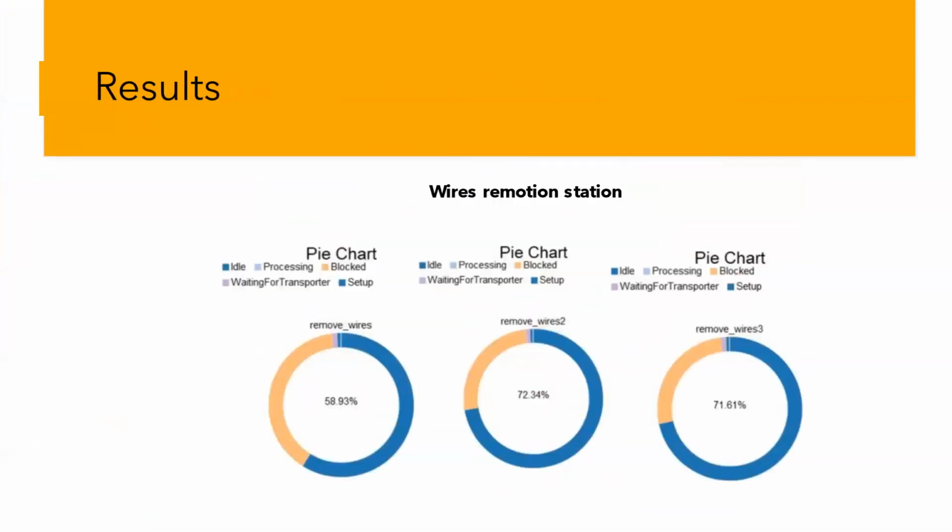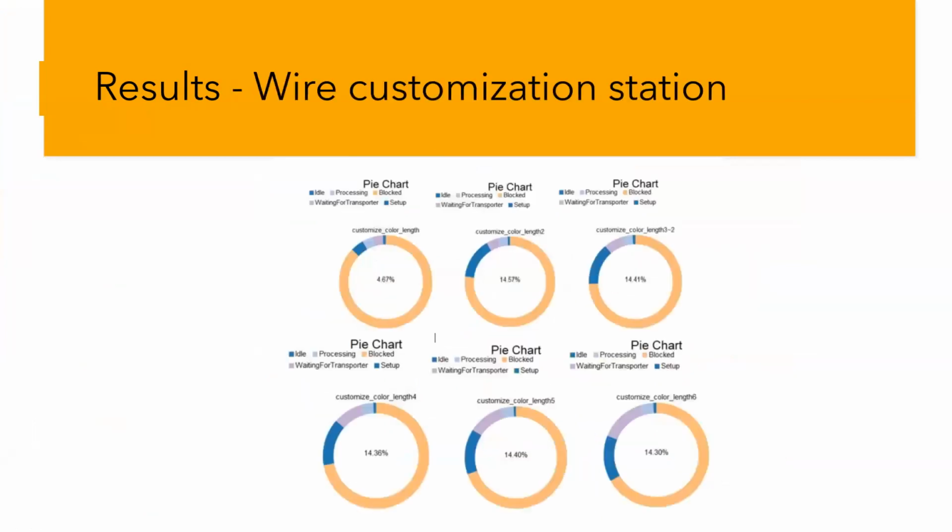Here we have some results like the wire removal stations. We can see that this machine has a yield percentage of approximately 58.93. Also, next we have the results for the wire customization stations. As we can see, these machines have reduced the idle time, which means that this stage has great utilization.